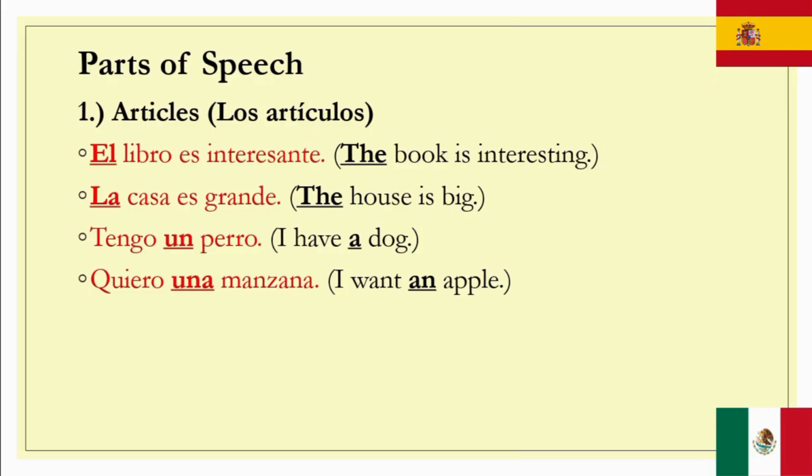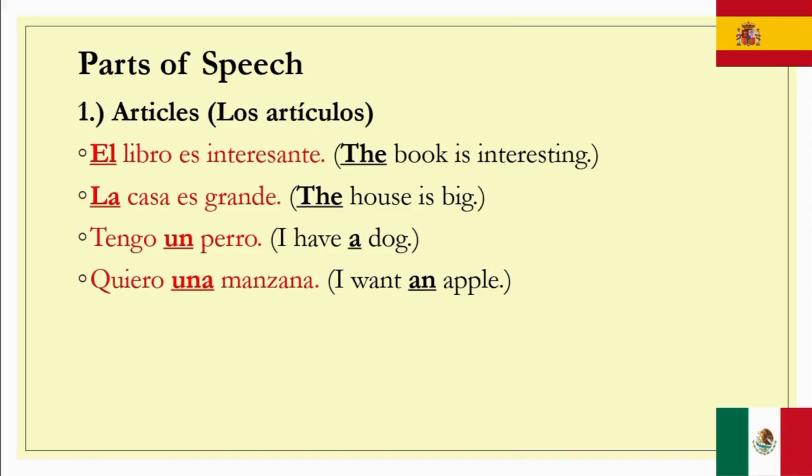Other examples: the book is interesting. El libro es interesante. The house is big. La casa es grande. Or if you want to say the houses are big, you can say las casas están grandes.